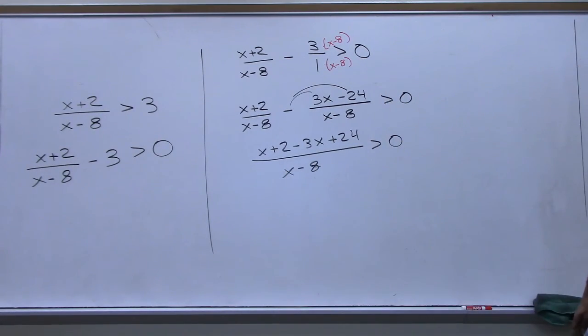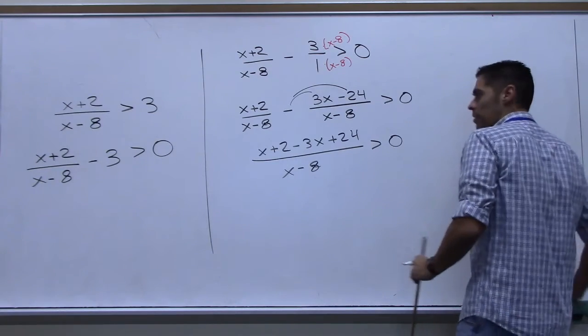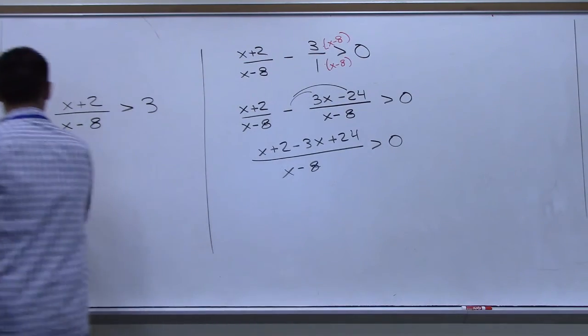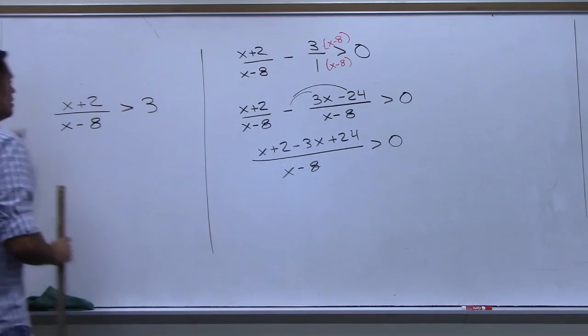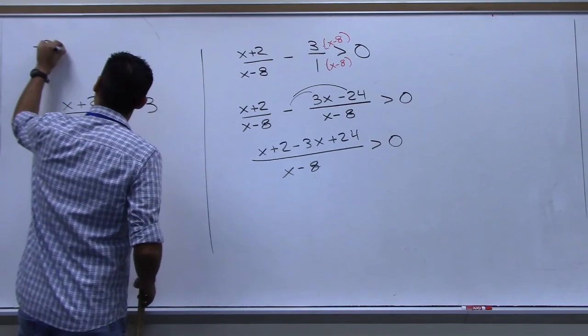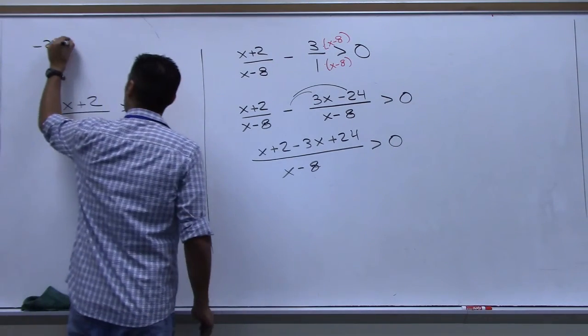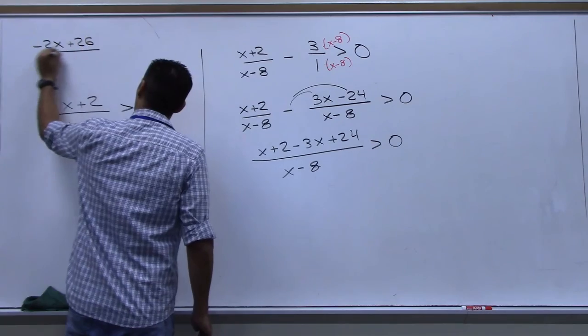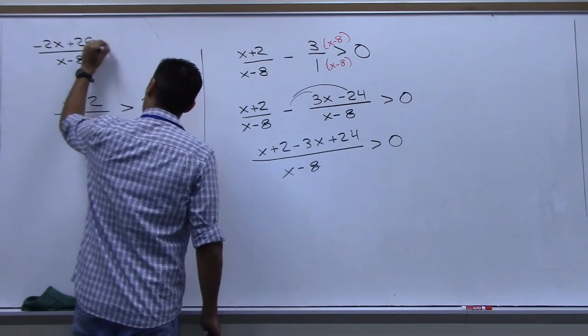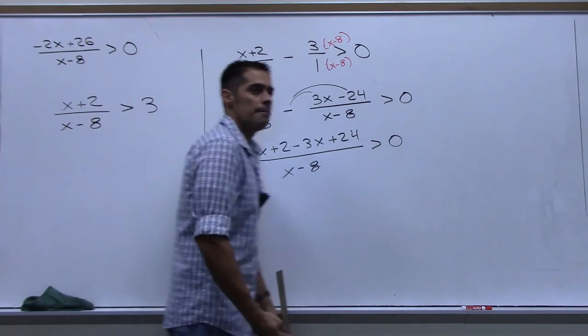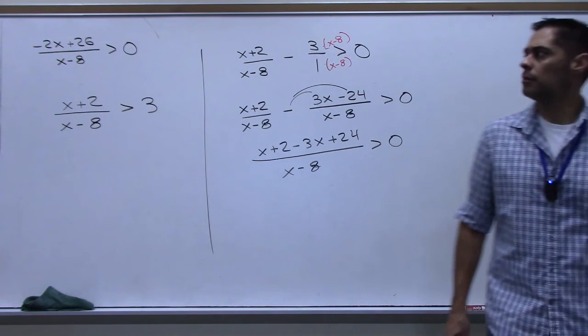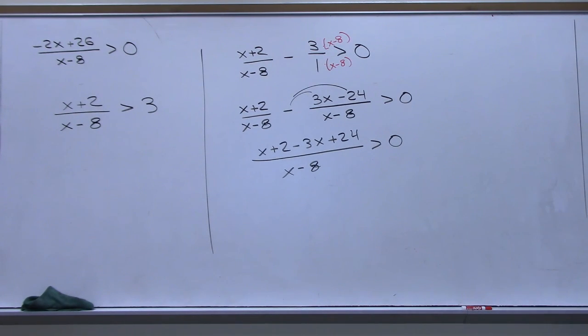And then collect your like terms. So I get negative 2x plus 26 over x minus 8 is greater than 0. Now, does that look like a P of x over Q of x greater than 0?